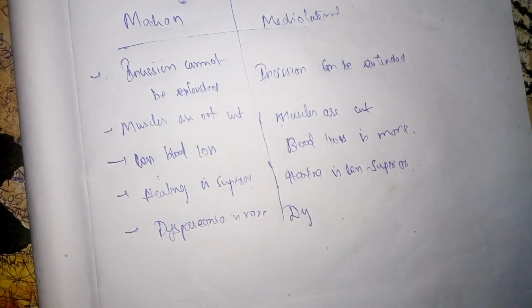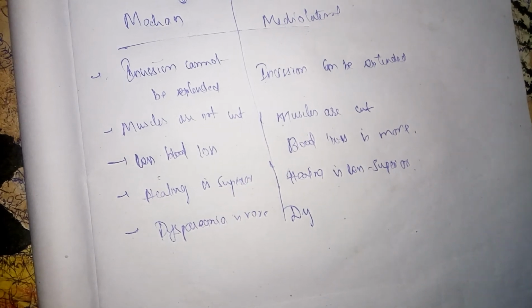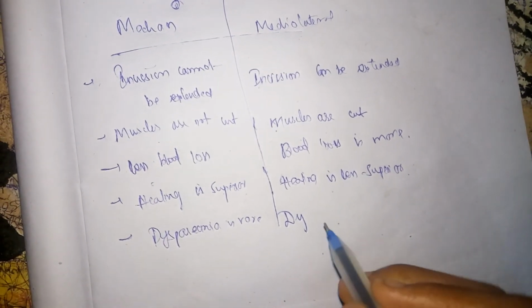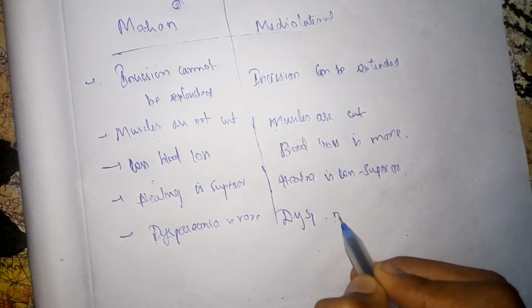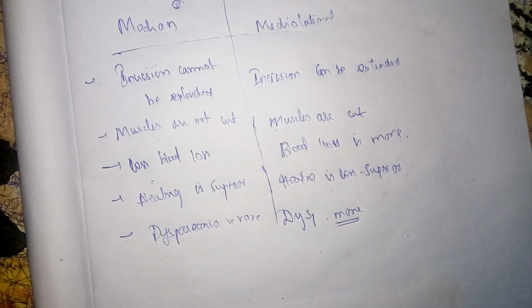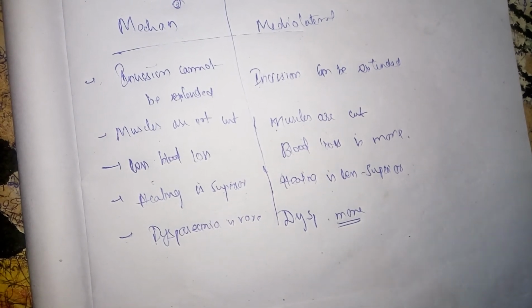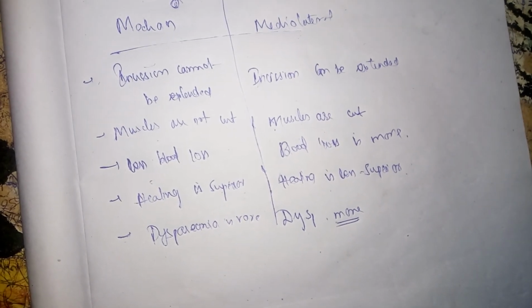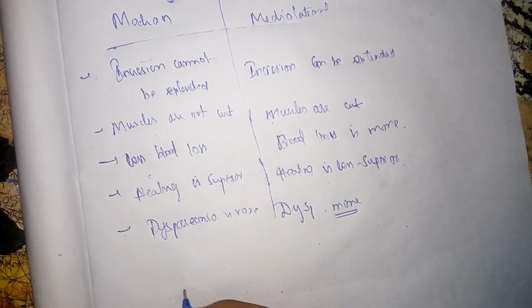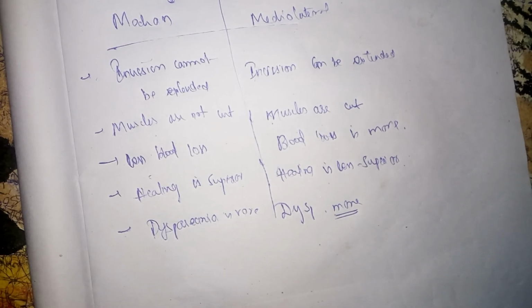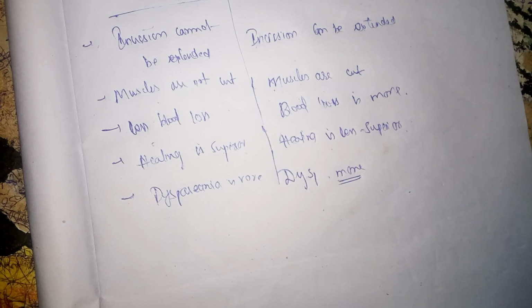So we can say that in mediolateral incision the sexual life will be disturbed, and there is some disturbance in the sexual activity of the partners. And as I told you, extension cannot be done in median episiotomy, whereas extension can be done in mediolateral episiotomy.